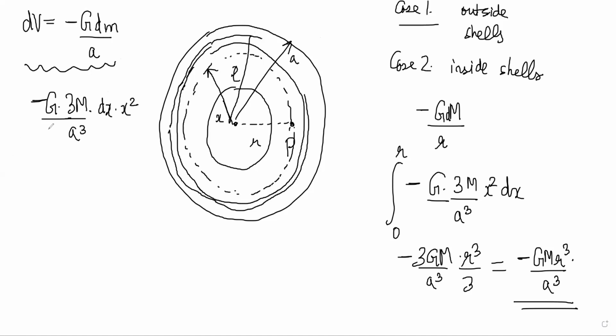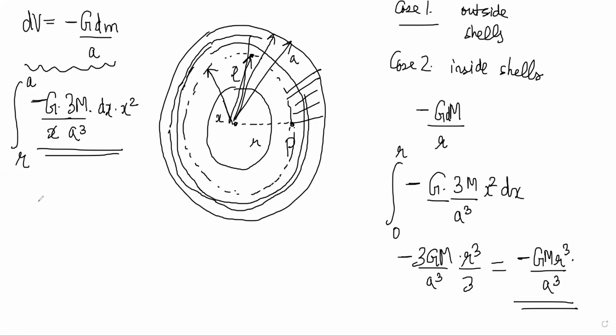Is everyone understanding how I'm writing this? The radius of the shell is x. The integration now goes with x varying from r to a, because you have to take all the outside shells now. So x starts from r and goes up to a.